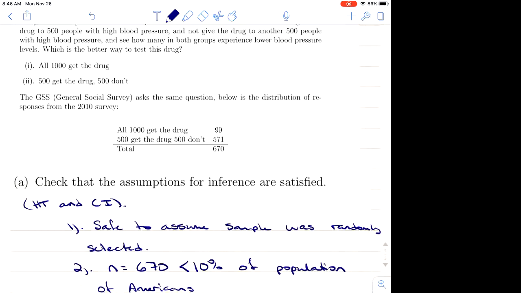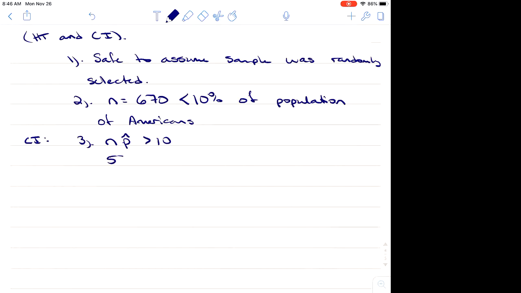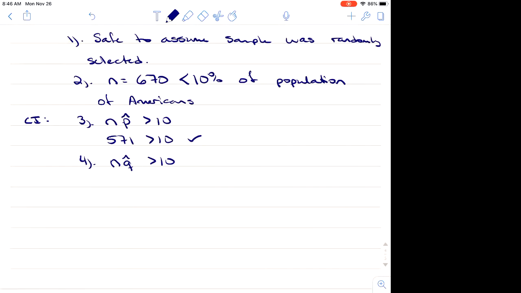So 571 successes is more than 10 successes. 571 is greater than 10. I just put a little check mark saying, yeah, it is. And n q hat has to be greater than 10. We know that the number of failures is 99, which is greater than 10.